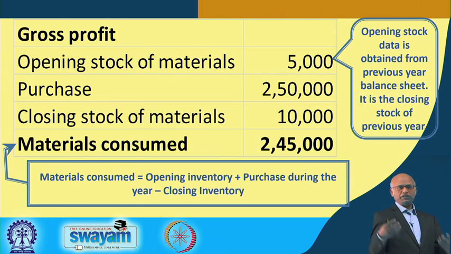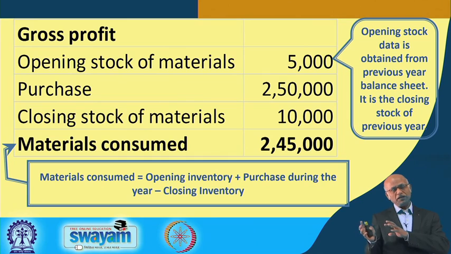You remember that your sales is 5 lakh rupees, and how do we estimate the materials consumed? Even though this is very simple, many people commit a mistake here, meaning they get kind of mixed up. Materials consumed is nothing but the cost of the material that you have sold.